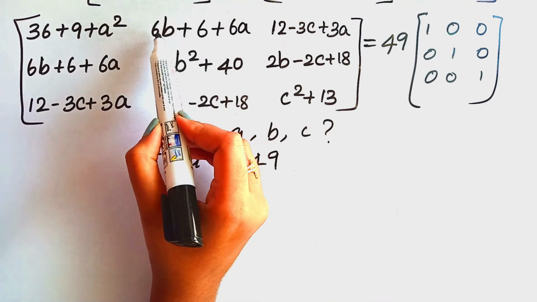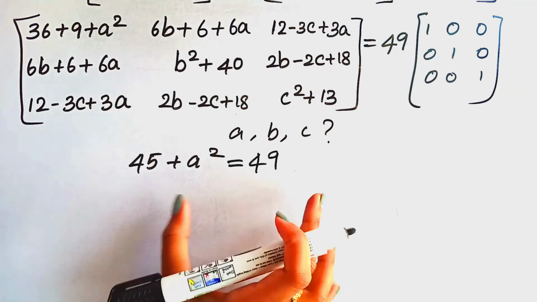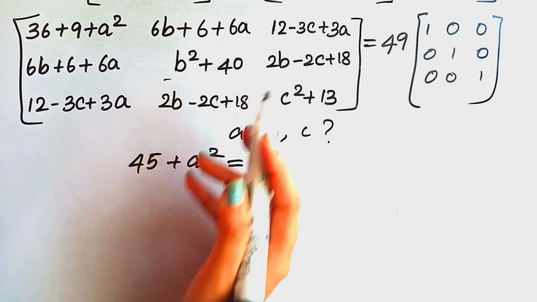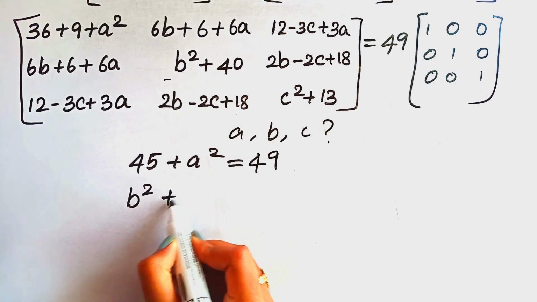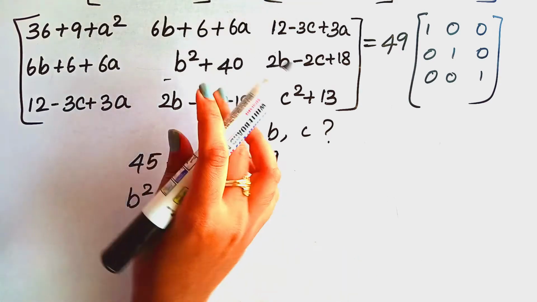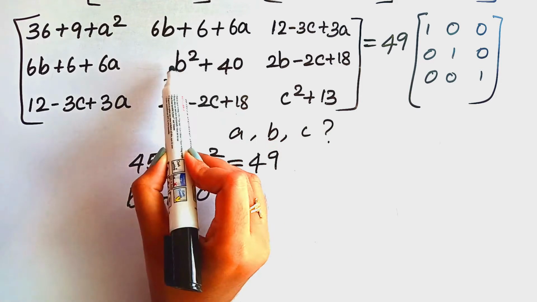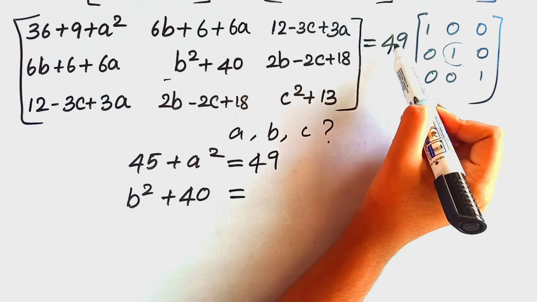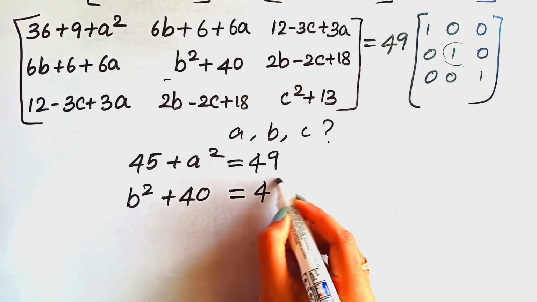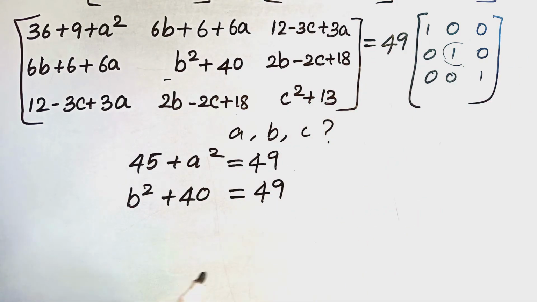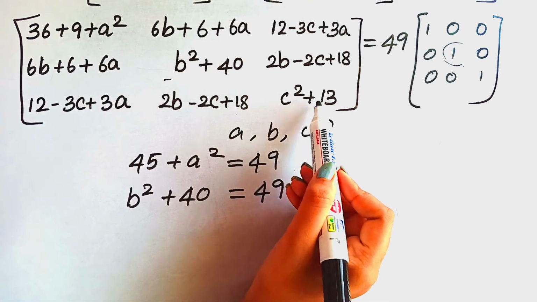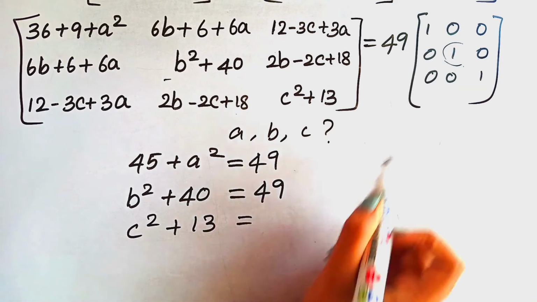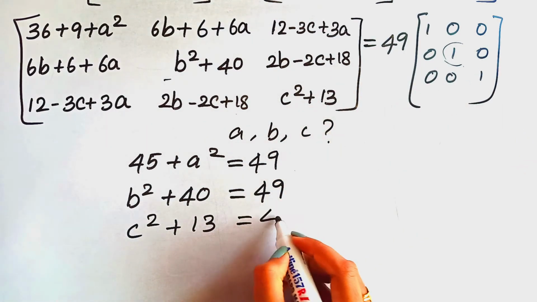And here you can see 6b plus, so I am taking the selected elements. Here you can see b square plus 40, so we can take that. b square plus 40 is equal to, here which element, second row and second element, right? So in the second row and second element 1, correct? So 49 into 1 will get 49, and the next element, I'm taking c here. c square plus 13, so c square plus 13 is equal to, similarly for 49 into 1 we'll get 49.